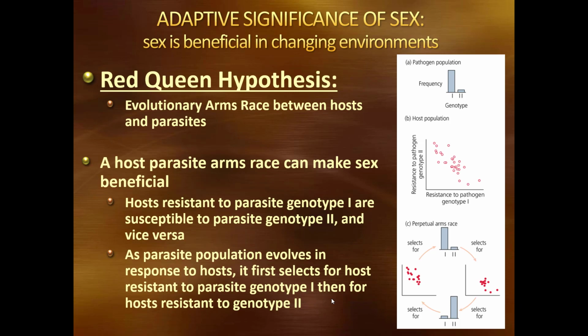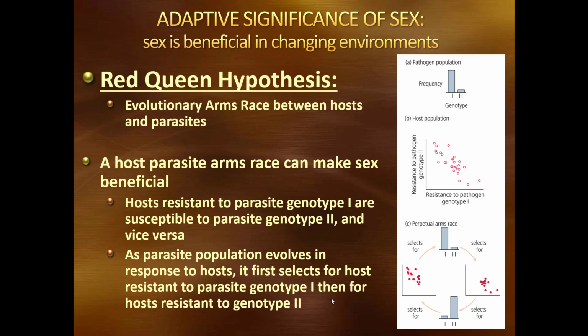So we know that sexual reproduction can eliminate some of those harmful mutations in a population, which we saw in the previous slide. One of the other hypotheses that's out there is called the Red Queen hypothesis. And the Red Queen hypothesis specifically deals with this evolutionary arms race that you have between hosts and parasites.